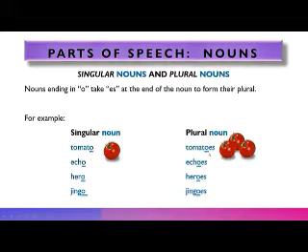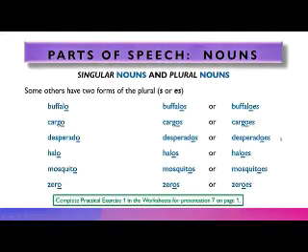Plural noun, tomatoes. Singular noun, echo. Plural noun, echoes. Singular noun, hero. Plural noun, heroes. Singular noun, jingo. Plural noun, jingos.